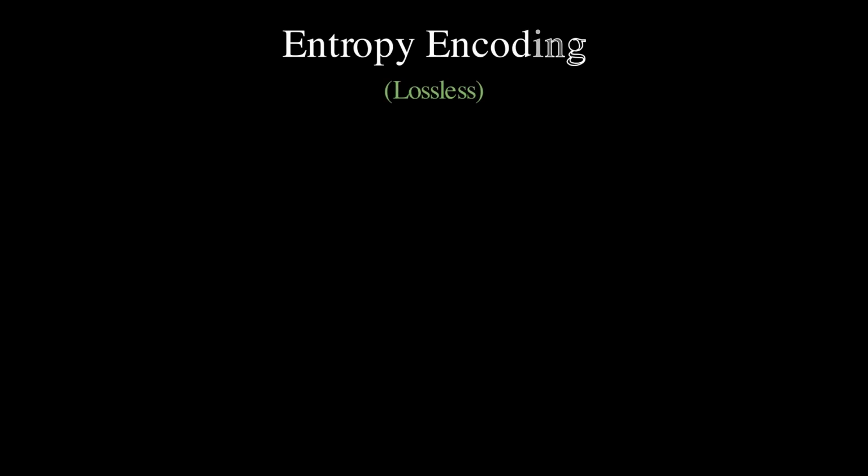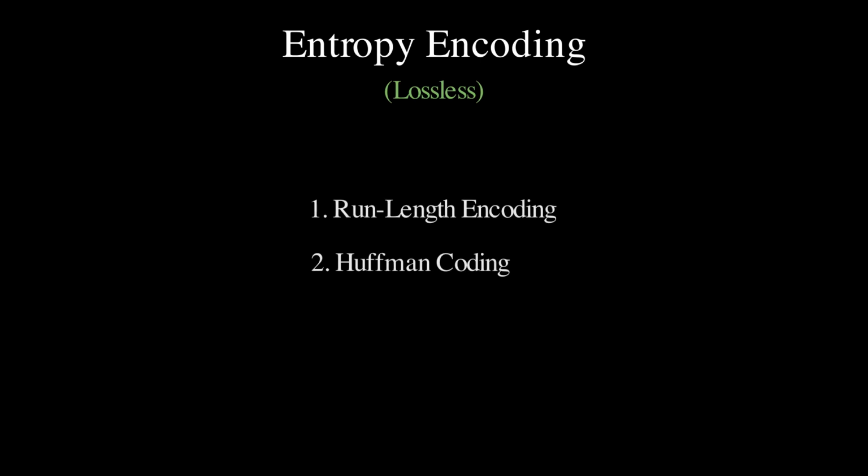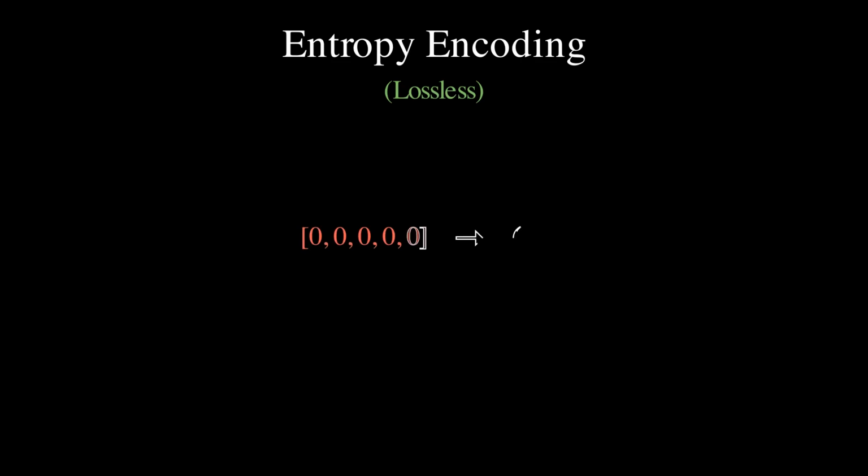Stage 7. Entropy encoding. This is the final compression step, and it's lossless. JPEG uses two clever techniques here: run length encoding for the long sequences of zeros, and Huffman coding for efficient binary representation. Run length encoding represents repeated zeros efficiently.